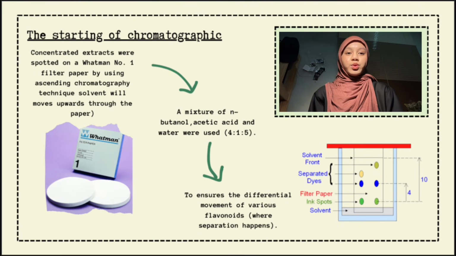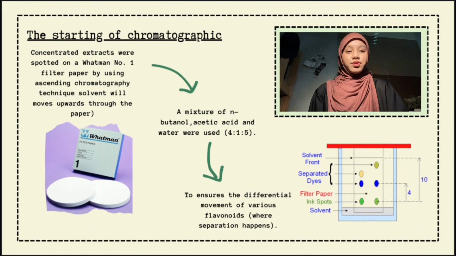Once the samples were prepared, the chromatographic separation began. The concentrated extract was spotted on Whatman number 1 filter paper. The paper chromatography technique used here was ascending chromatography. This means the solvent moves upward through the paper, carrying the separated compounds with it.